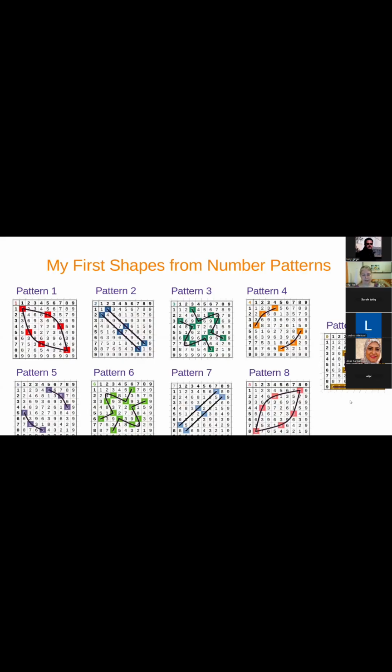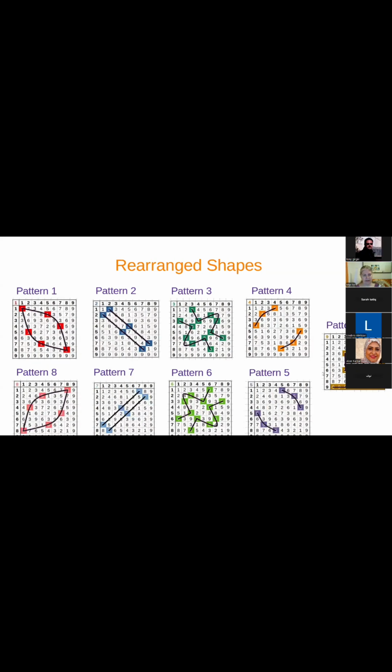So I'm going to rearrange them so that they are underneath each other. From this, we can see that they are actually the same shape, but just have different orientation.